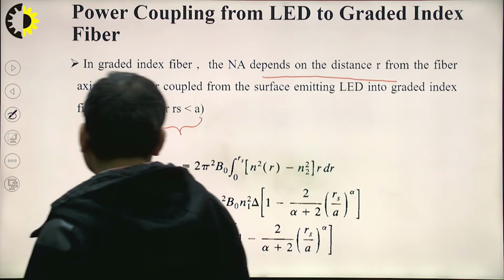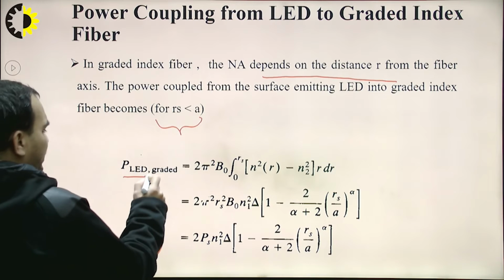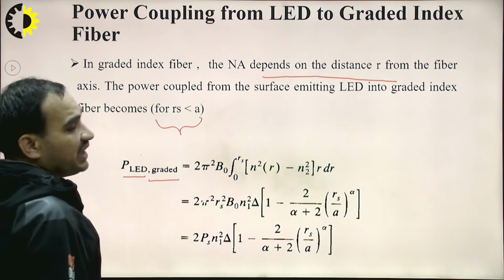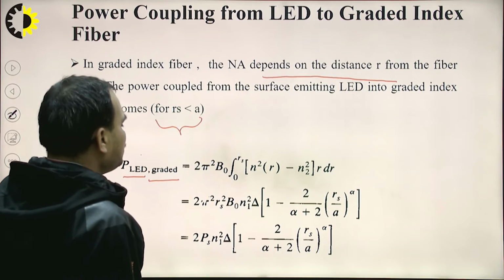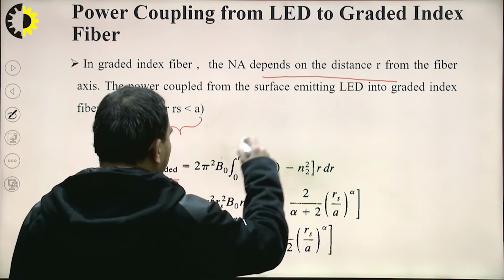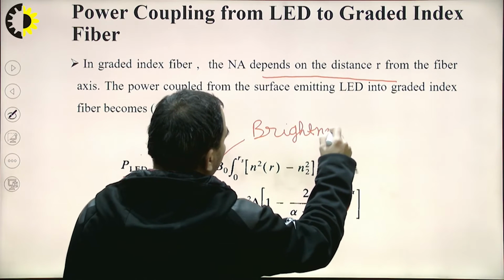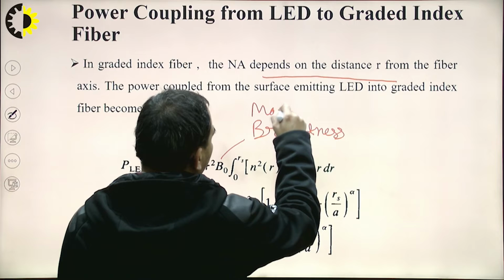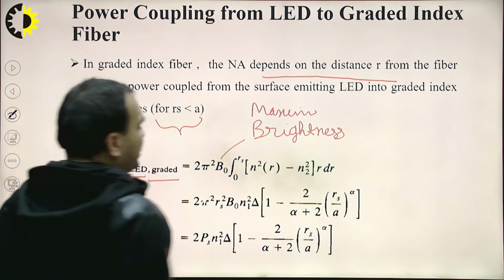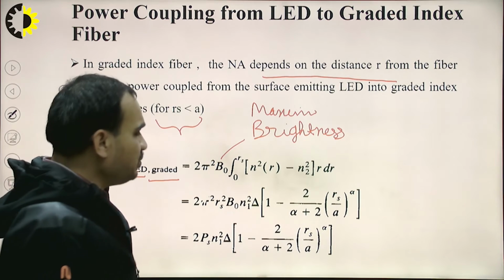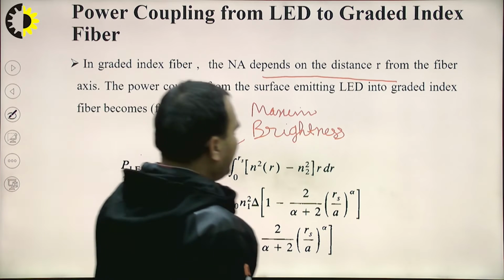So we can find the power coupled from LED to the graded index fiber, that is P LED comma graded, that is 2 pi square B naught, where B naught is the brightness, or you can say the maximum brightness, integration from the radius 0 to Rs, N square R minus N2 square R dR.